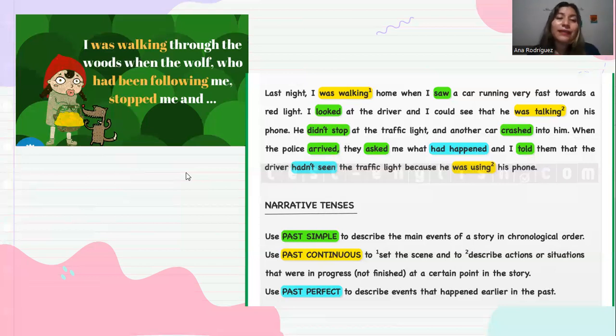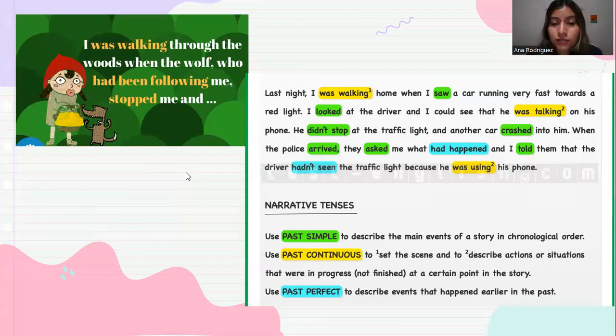So these tenses are very useful to describe actions in the past and to describe many actions that just happened or have been happening for a period of time or were occurring during a specific moment. Use past simple to describe the main events of a story in chronological order.